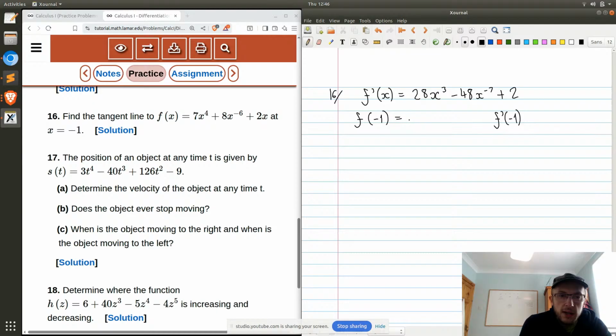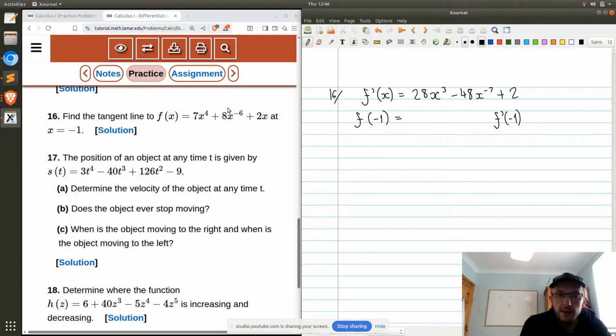So when we do f of negative 1, let's see, what's the fourth power of negative 1? Well, that would be 1. So that turns into a 7 right there. What's negative 1 raised to the negative 6? That would be 1 over negative 1 to the 6. So that is also 1. So that turns into an 8.